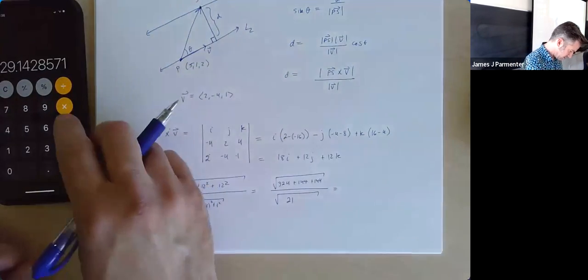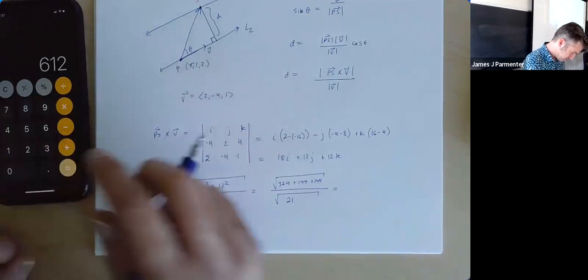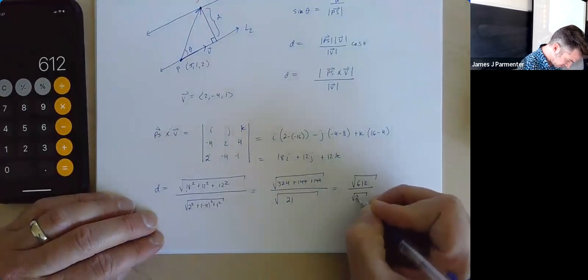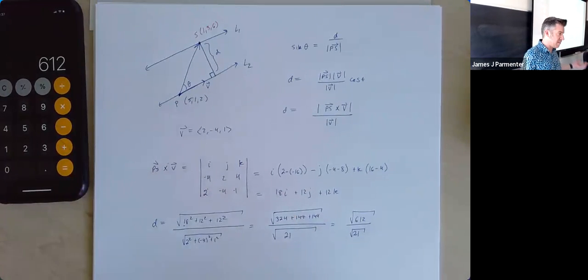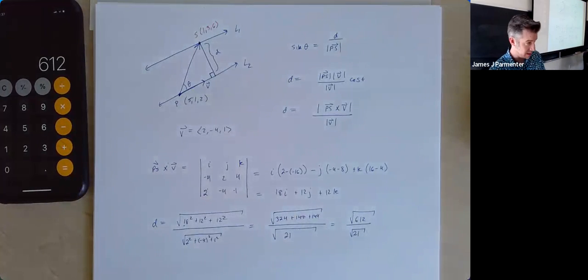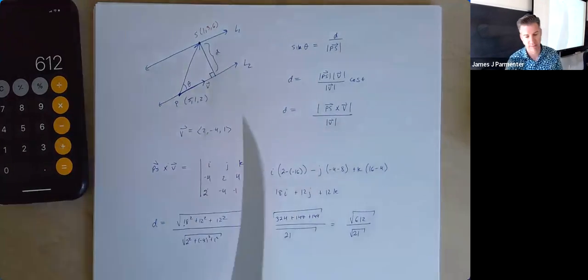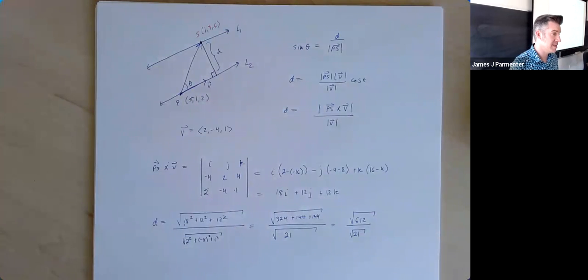So we end up getting the square root of 612 divided by the square root of 21, which doesn't seem immediately like you could have looked at the parallel lines and seen that from the get-go. Maybe I'm not seeing something special here, but I'm going to do some more investigation later on because I'm curious now. But as far as I know, it doesn't seem particularly easy to find the distance between parallel lines. So it's not any easier than the distance between a line and a point in general.